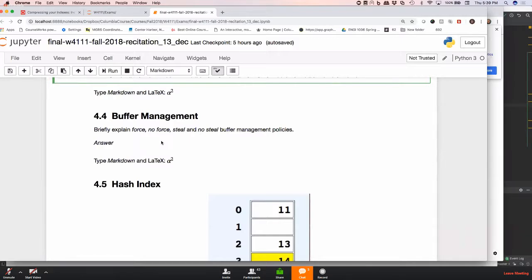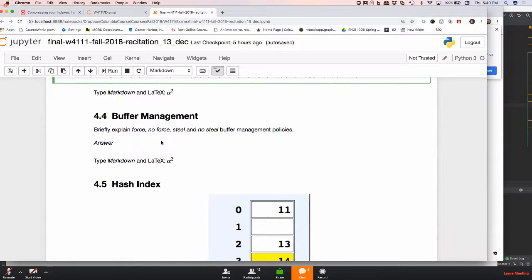No steal means I will not take a page that's pinned and has dirty data in it. So if somebody wrote that page, I will not use it as a candidate. It's got dirty data in it. If I take it away, I've just basically lost it. Steal is, I will do that.